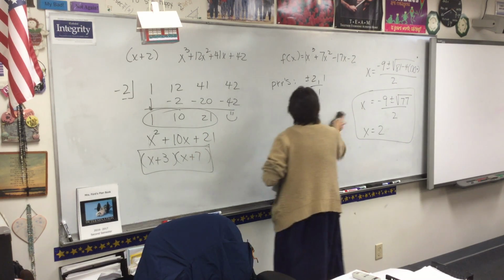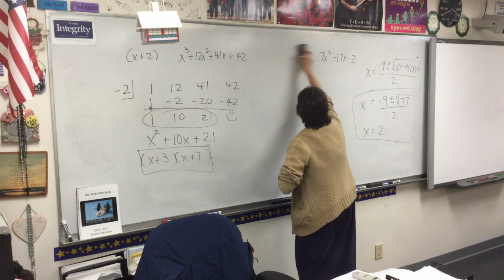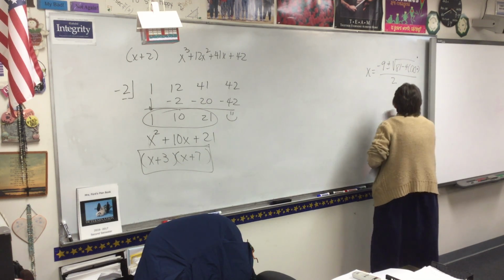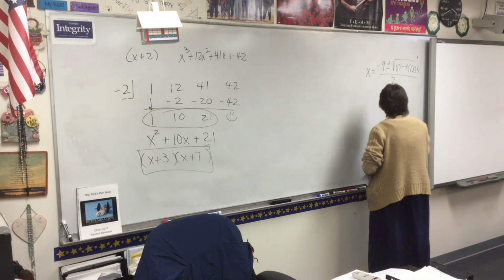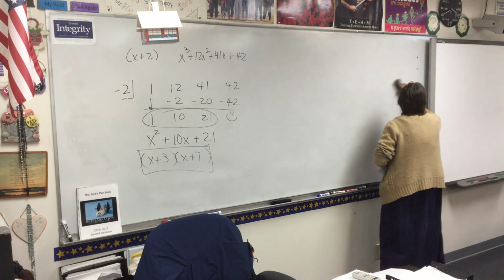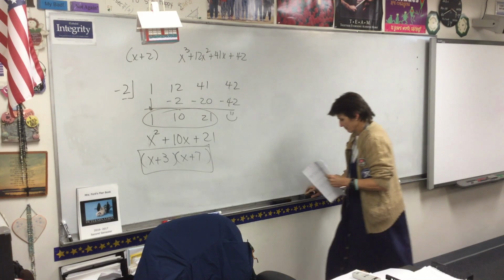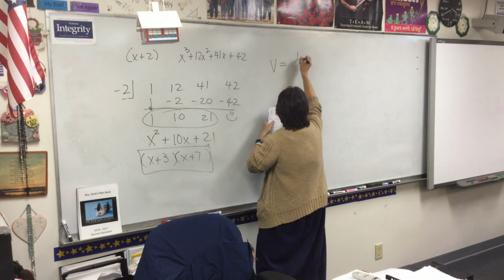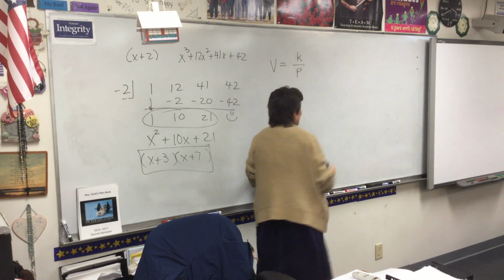Volume varies inversely as pressure. Is this going to be a K times X or a K divided by X? Divided. So volume varies inversely as pressure.